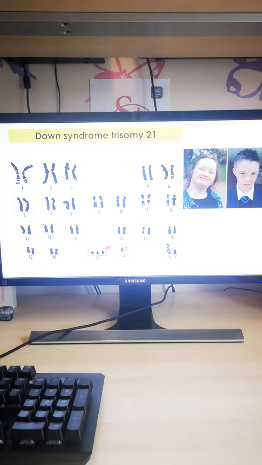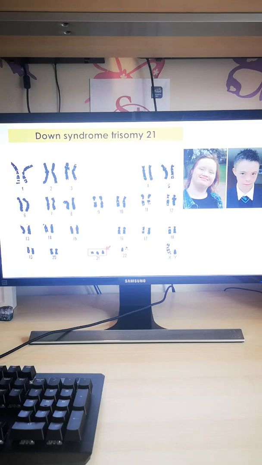Okay, so the most common chromosome mutation, I think the one that you'll probably know about already, is Down syndrome. So Down syndrome is caused by having an additional copy of chromosome 21. About 1 in 1,000 babies in the UK are born with Down syndrome.